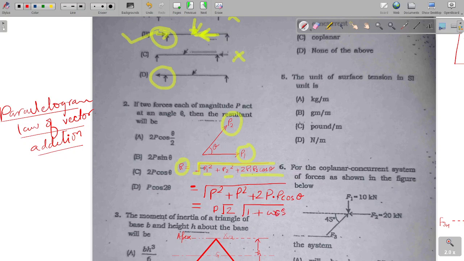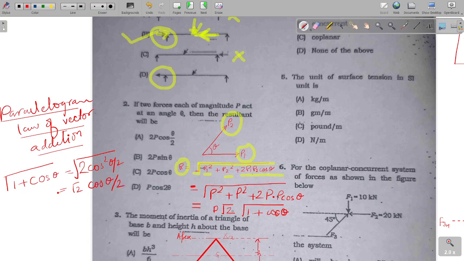So 1 plus cos theta you must have studied in your trigonometry classes. It's 2 cos squared theta by 2. So we have to do square root of this one, it will be like root 2 into cos theta by 2.